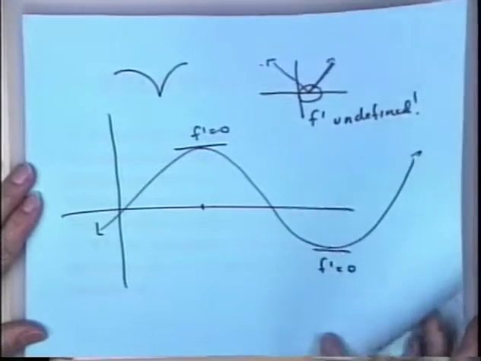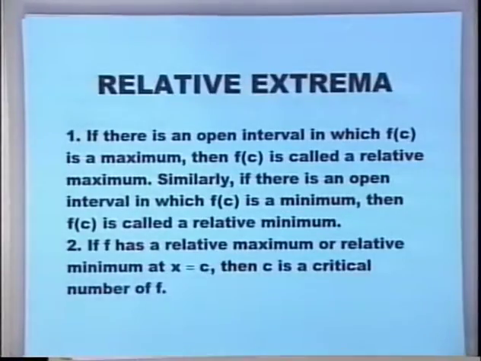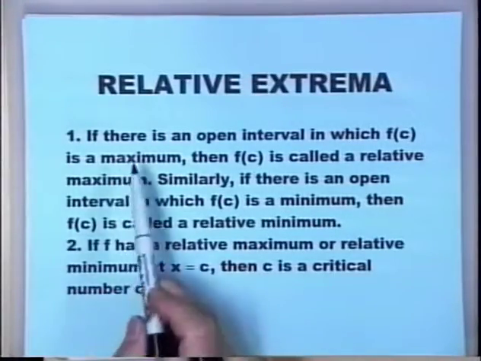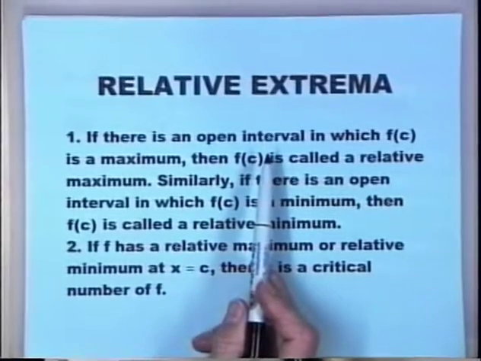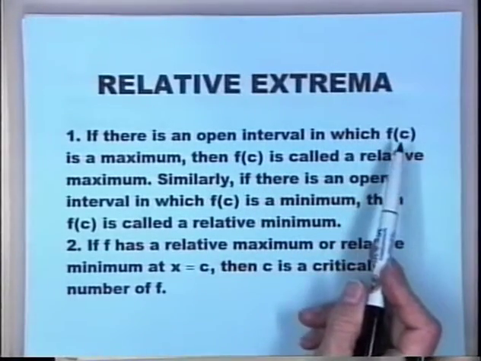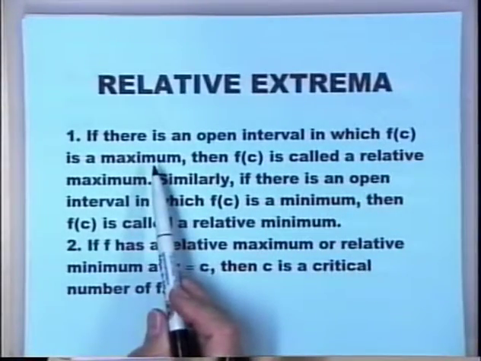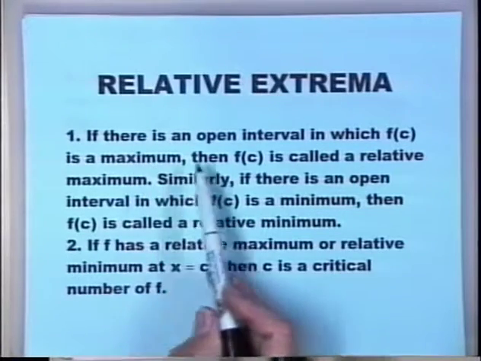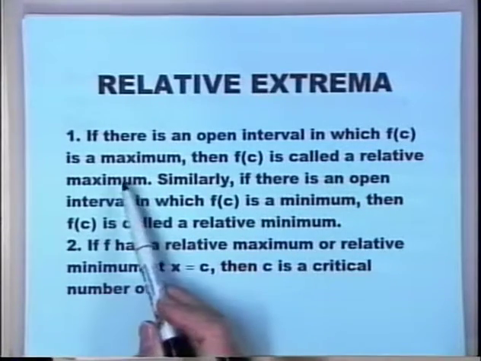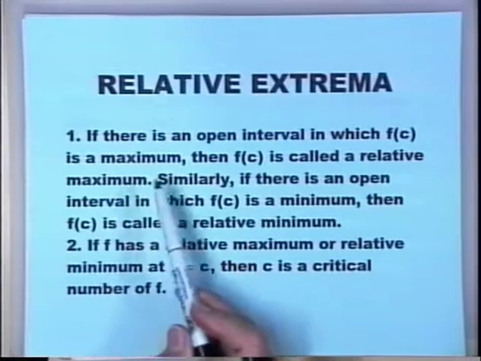Now, we're going to look at a definition for relative extrema. If there's an open interval in which f of c is a maximum, that means the biggest point, then f of c is called a relative maximum.